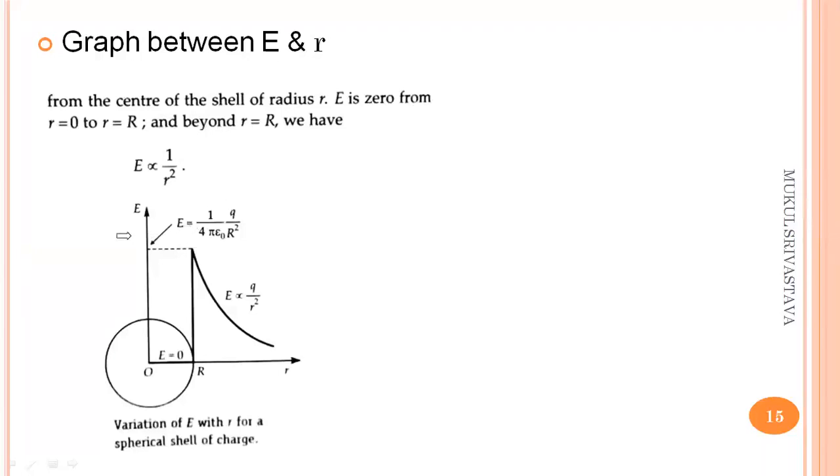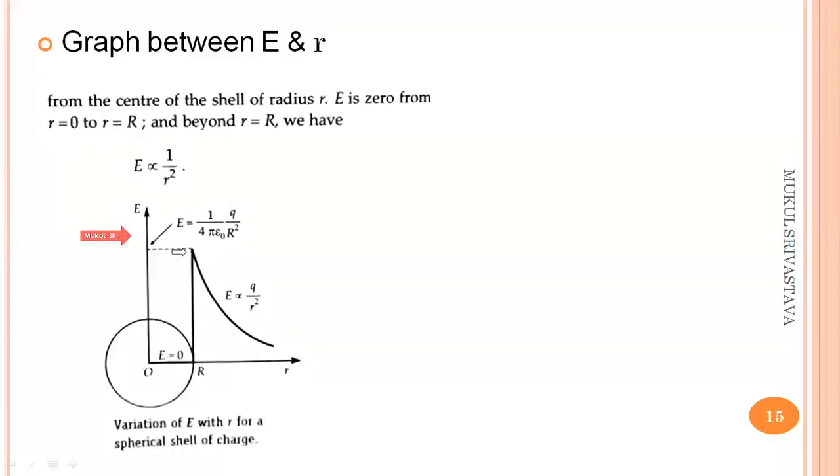We see that in this graph between E and small r, E is inversely proportional to r square. Within the spherical shell, the electric field is 0, so the graph from origin O, which represents the center of the spherical shell, to R, the electric field is 0.